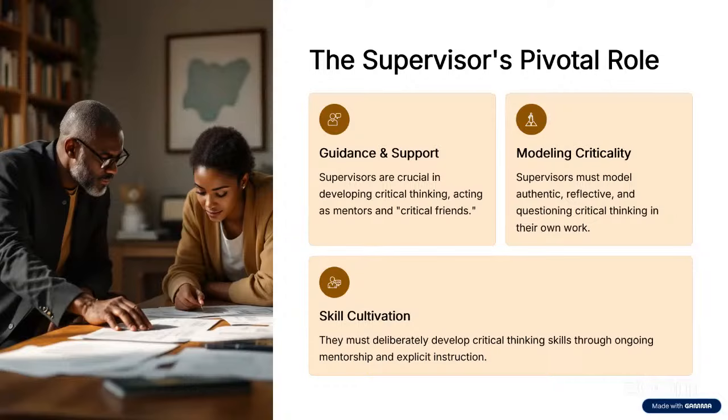We've had cases of supervisors who would not act as a mentor or a critical friend, but would rather act as a stumbling block.